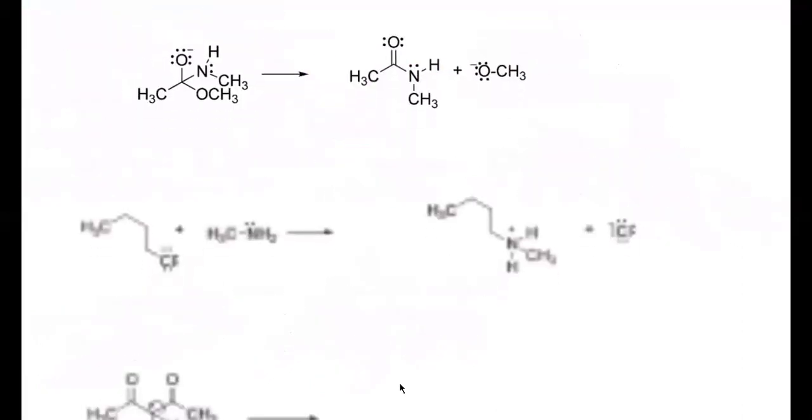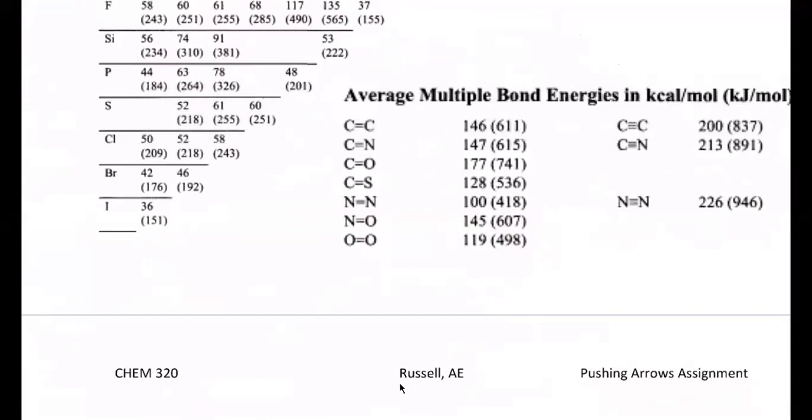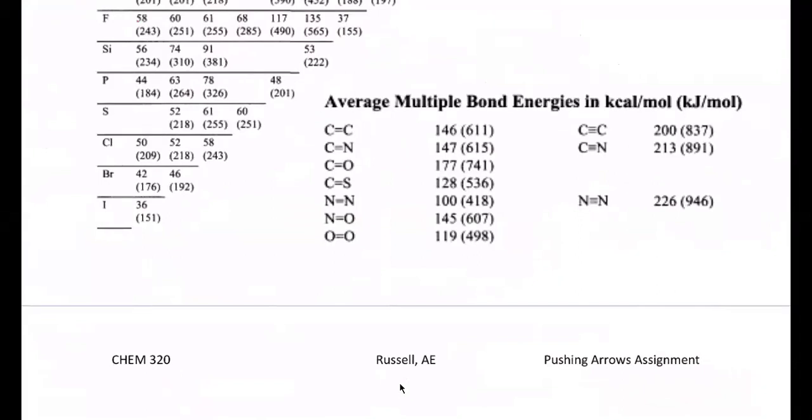And then let's see what the energy is for the CO pi bond. There are some multiple bonds down here. To make a CO pi bond, it adds 741 kilojoules per mole of energy. If you break it, then you lose 741 kilojoules per mole of energy.